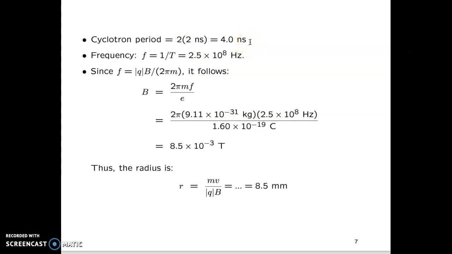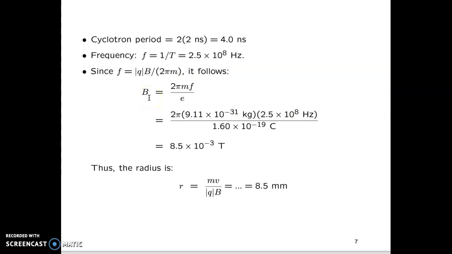The cyclotron frequency is 1 divided by the period. Capital T is the period, that's the 4 nanoseconds. Do that calculation, you get 2.5 times 10 to the 8 hertz. Now we have an expression for the cyclotron frequency in terms of q, B, and the mass of the particle.